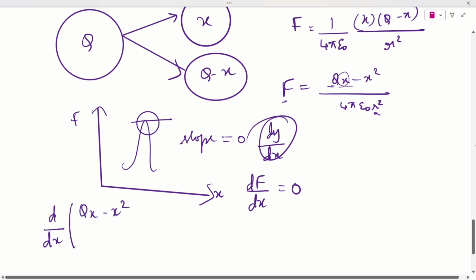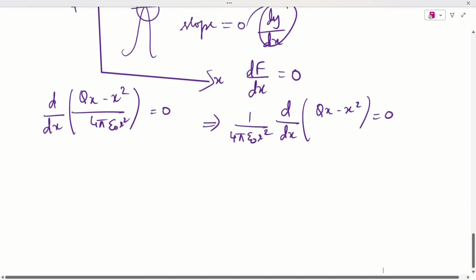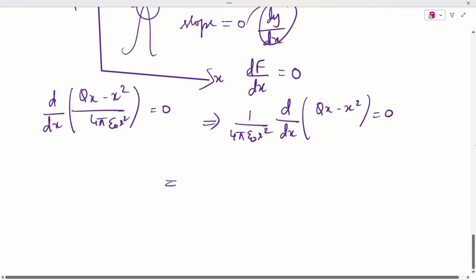So if I am going to do that, I will get d by dx of Qx minus x square by 4 pi epsilon naught r square equal to 0. This implies I can take the constants outside, and taking the constants to the other side will get only 0.